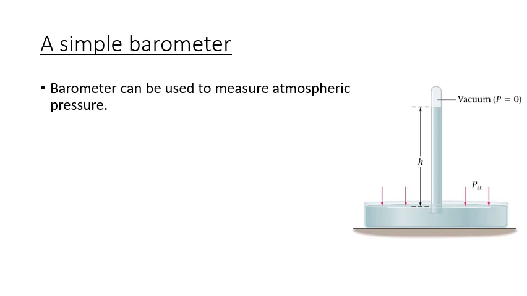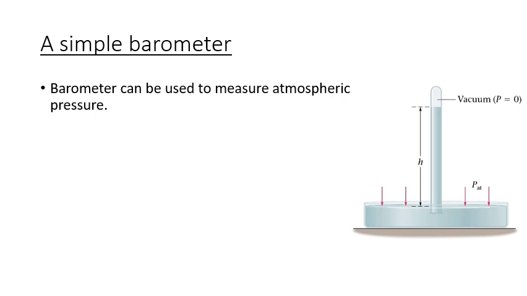For example, if you have a very long tube, you can close one end and then fill it up with the liquid, let's say with density rho. Then you turn it around, invert the tube, and put it in the same kind of liquid, as shown in this picture.